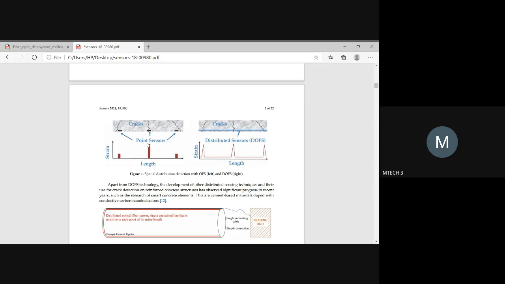Suppose you have a shop, and you want to locate point sensors only for your shop, then there is no need to go for a distributed sensor. If you just locate the sensors at different points, you can identify where the crack is coming up, right? But if it is a huge multi-story building, you cannot keep on pasting point sensors here and there, collecting the data from them, segregating it and doing analysis.